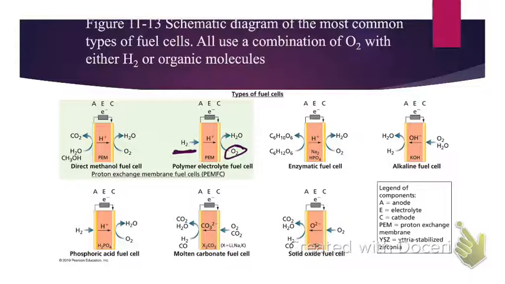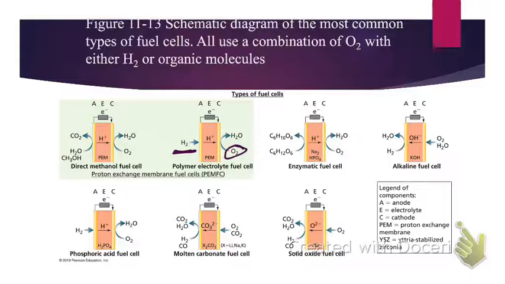So these cells have the potential to generate quite a bit of energy and quite a bit of work, but there of course are issues with how we design these cells and how you handle the hydrogen. So there's still a lot of work being done.